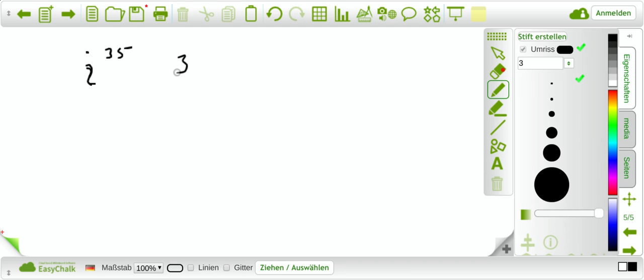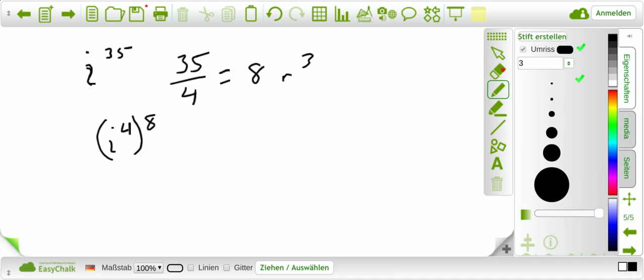Well, I take the 35 and I divide it by 4. 35 divided by 4 is 8, remainder 3. So what I'm going to do is take i to the 4th and raise that to the 8th power, and then multiply that by i to the 3rd power.